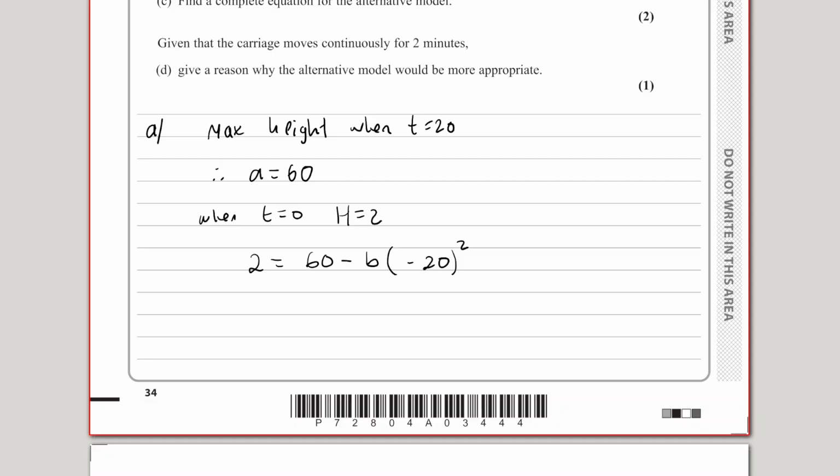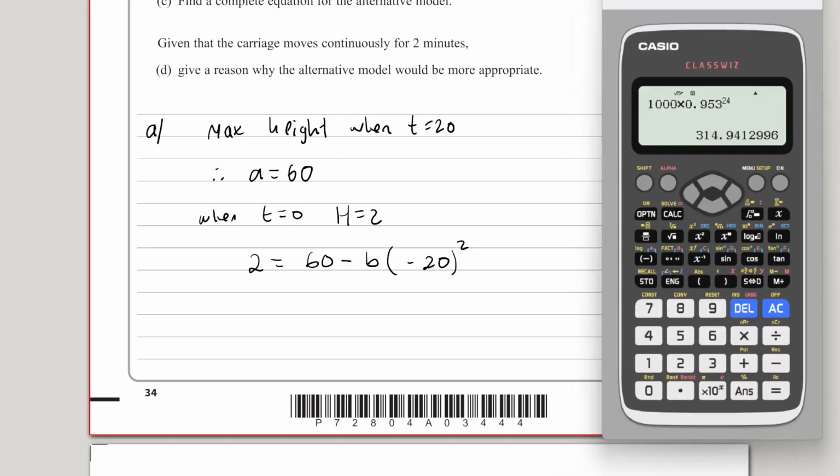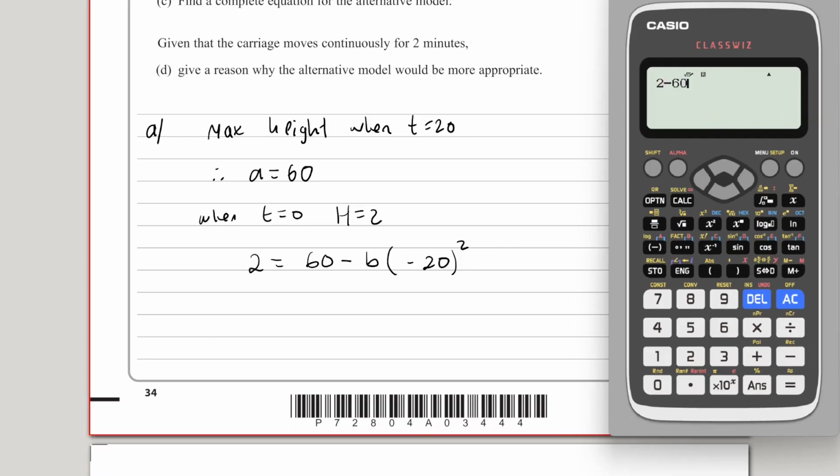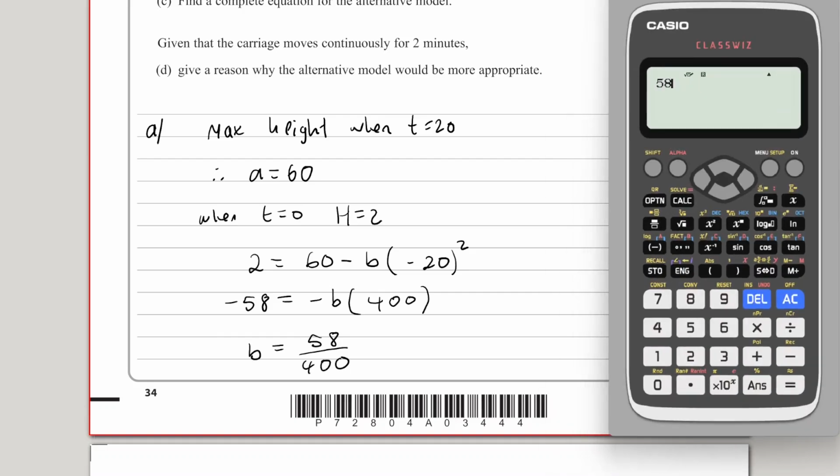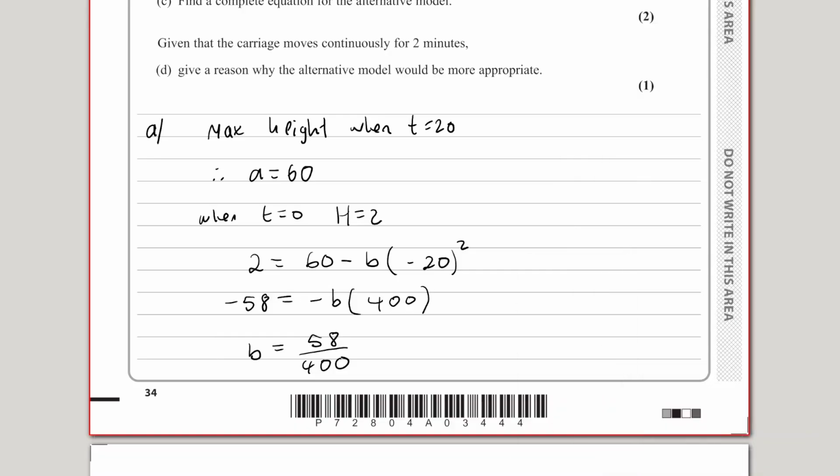So negative 20 squared, let's take 60 away. So 2 minus 60 will be negative 58. So negative 58 equals negative b times negative 20 squared, which is 400. So b is going to be 58 over 400, which is 0.145.